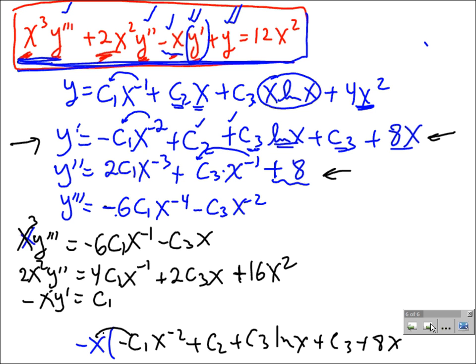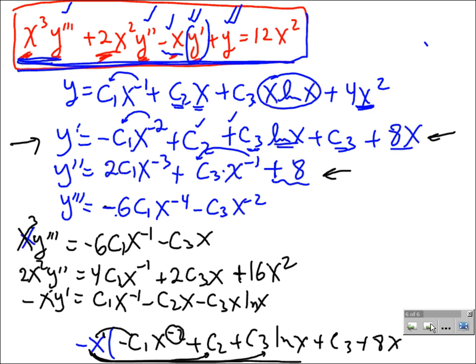And there's an understood 1 in the power. When you add it to the negative 2, you get negative 1. Minus, a negative times a positive is minus c2x. And then minus c3x ln of x. And then minus xc3. And then minus 8x squared.